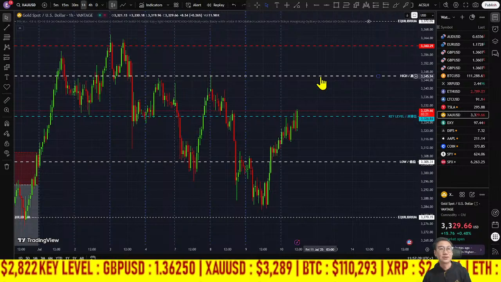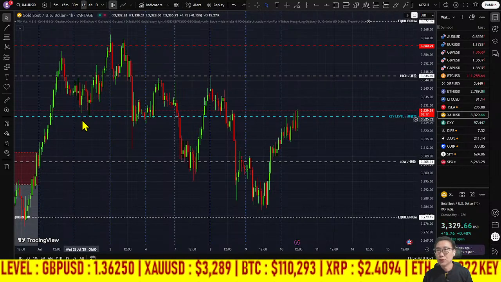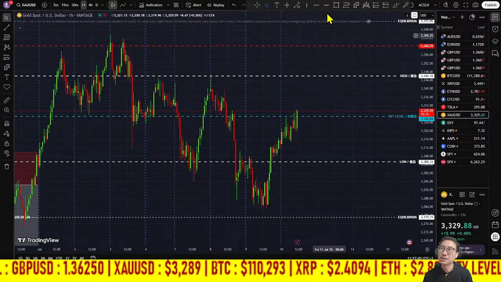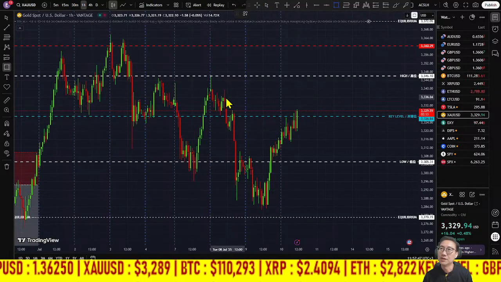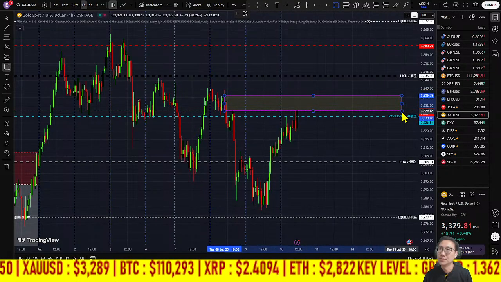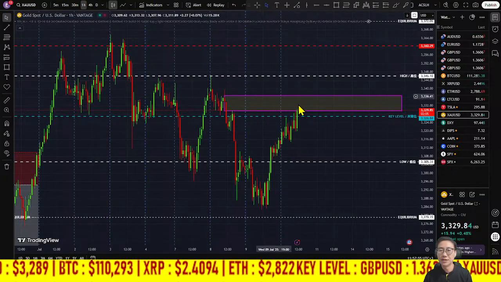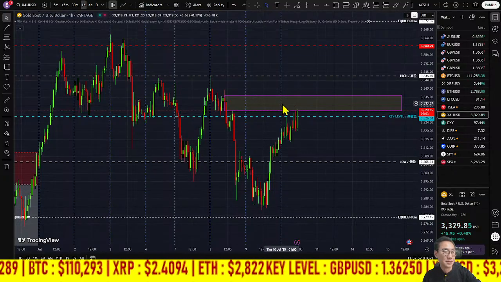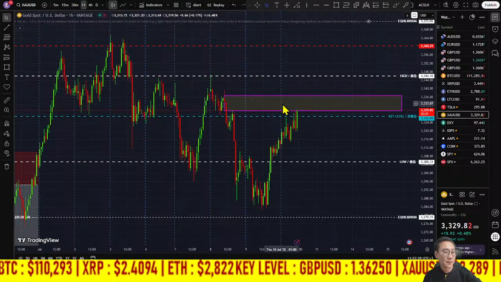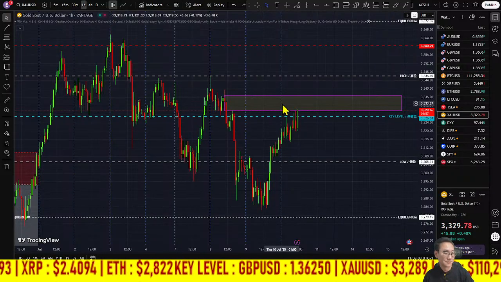Carol, what do you think? Personally, I see that we still have this area to be cleared. I'm waiting for it to clear this area. This area should get cleared. That's what I see.